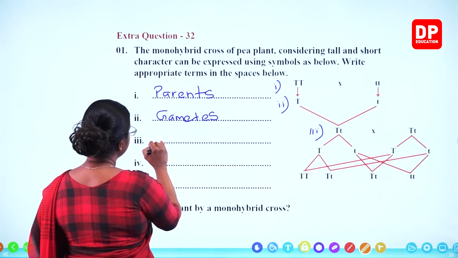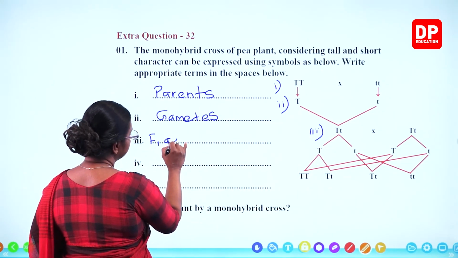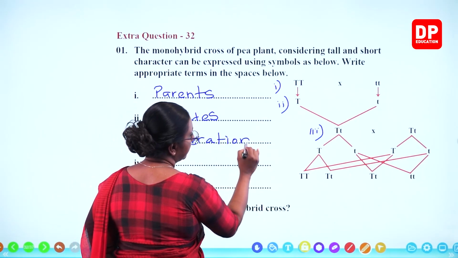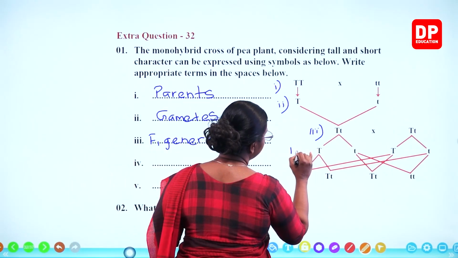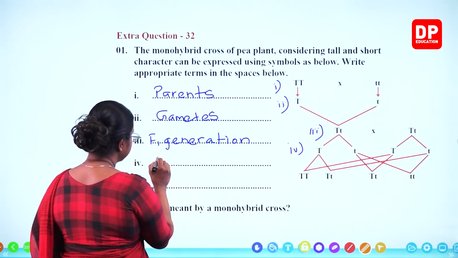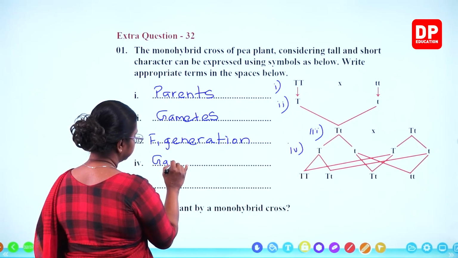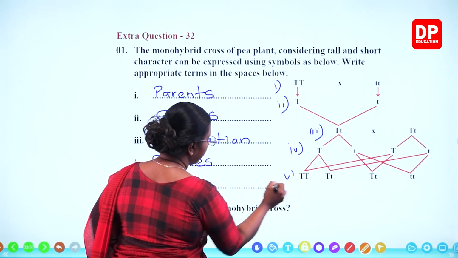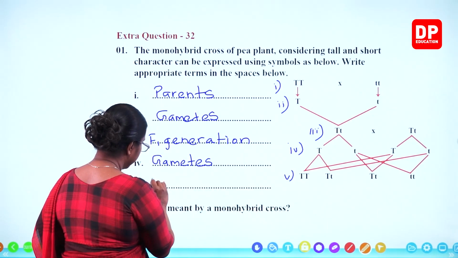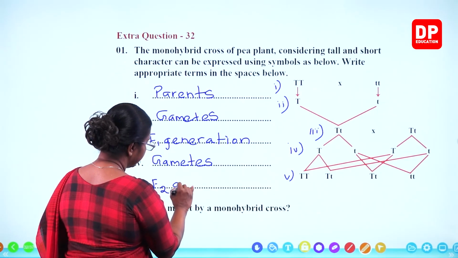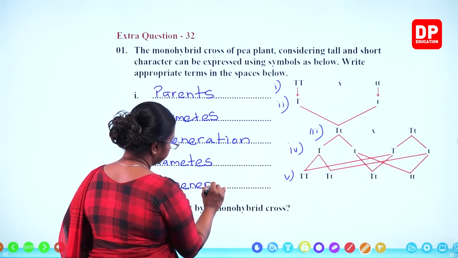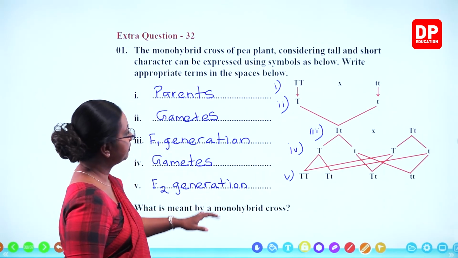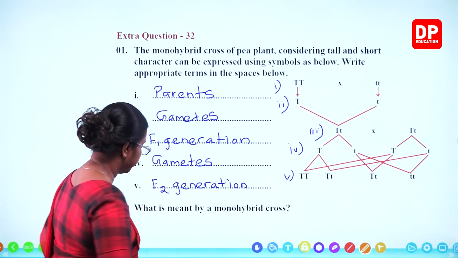That is going to be the F1 generation. And then here we again have 4. That is gametes. And the last line, 5. That is going to be the F2 generation. That is how we have the different terms.